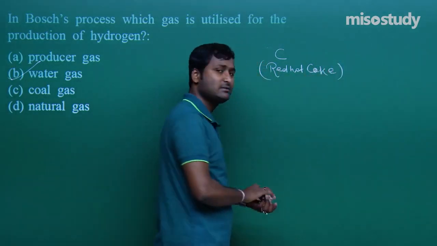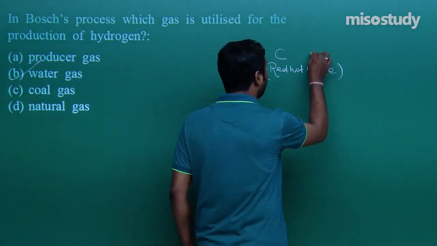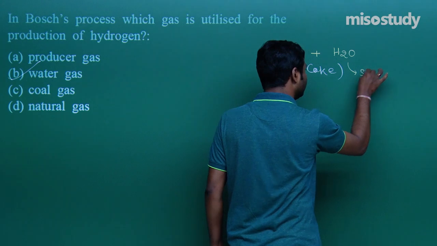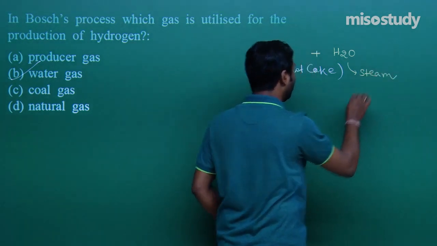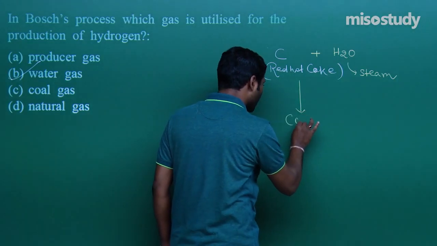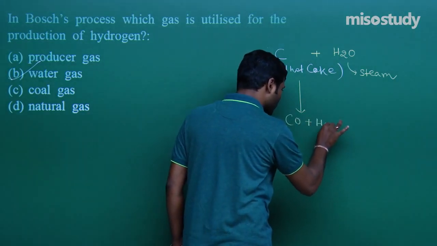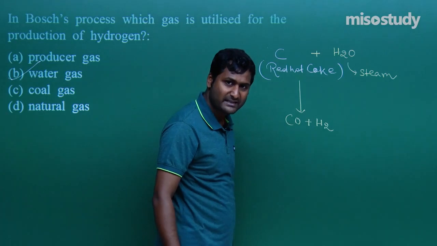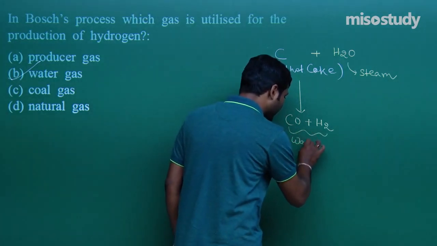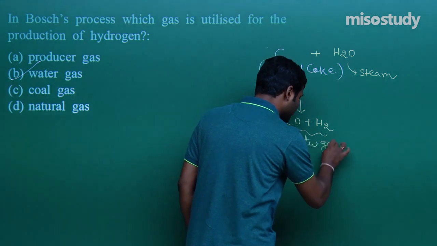When steam, that is H2O, is passed over red hot coke, then what will happen? Tell me. It will give you CO plus H2. This is the basis of the Bosch process, and this, friend, is water gas.